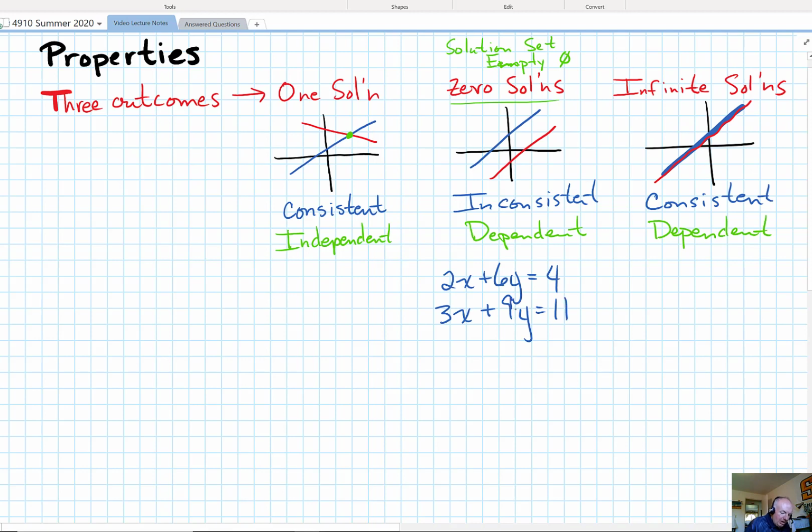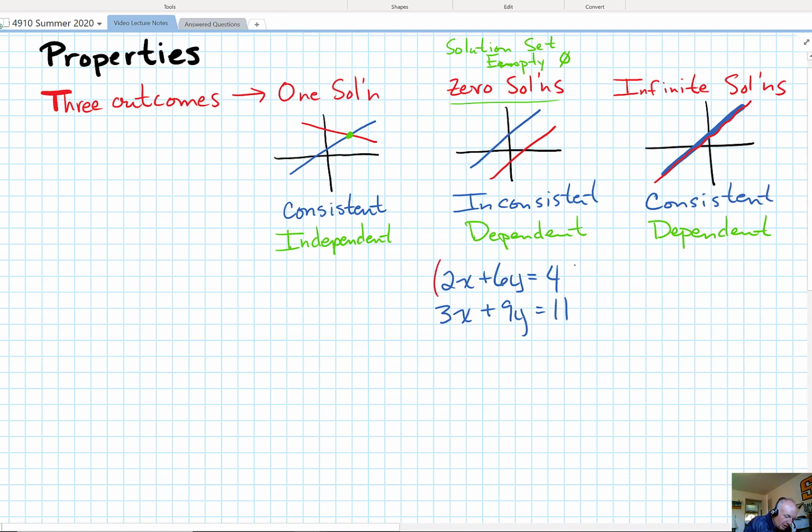Now, you don't really see anything right away that indicates this has zero solutions, so you just jump in and solve it like any other system. If it's the one solution case, you'll just end up with a solution, like 2, minus 3 or whatever. But what's it going to look like if there are zero solutions? Well, we don't know going in, so we just proceed like normal.